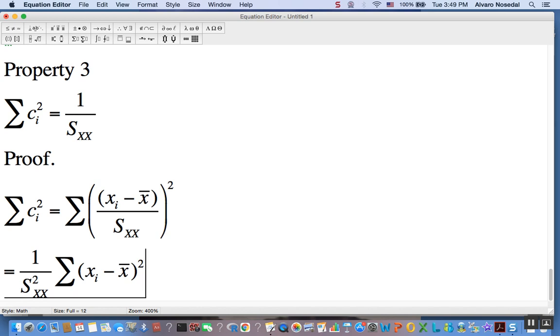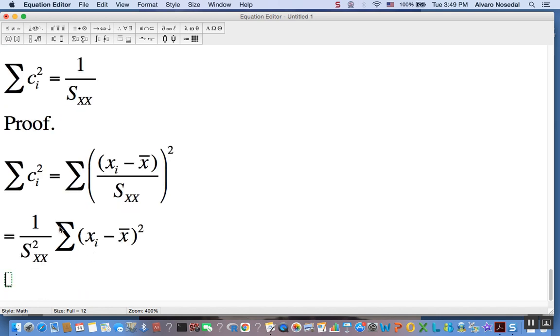But see this expression here? You go, hey, hold on, wait a minute. The sum of xi minus x bar squared, that happens to be sxx.